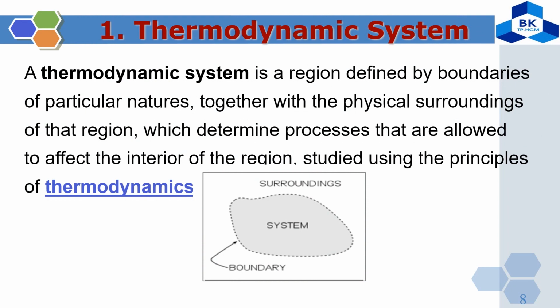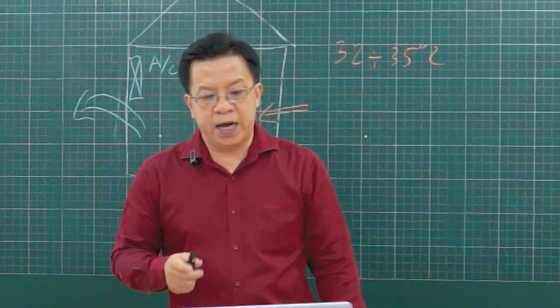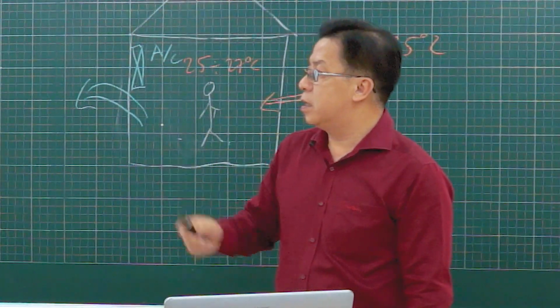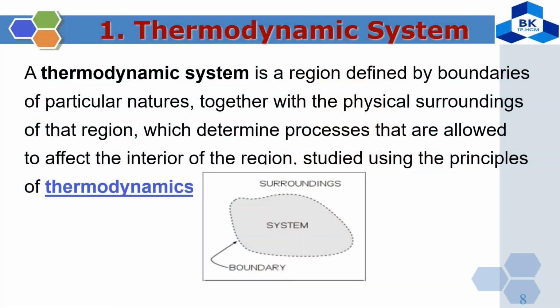All right, the next one: what is the thermodynamic system? It is a region defined by the boundaries of particular natures, together with the physical surroundings of that region, which determine the processes that affect the interior of the region, studied using the principles of thermodynamics.